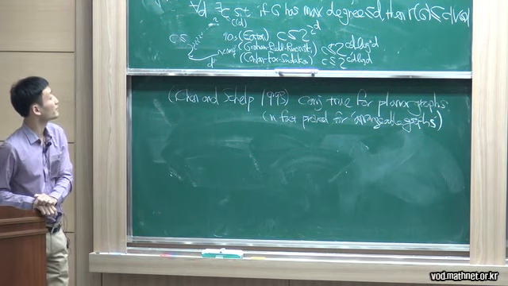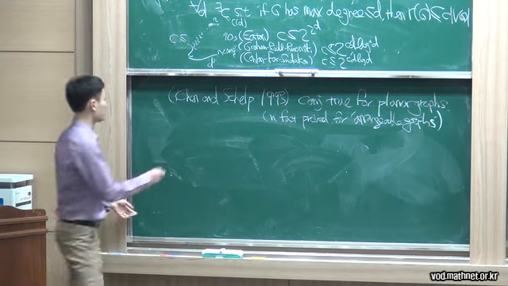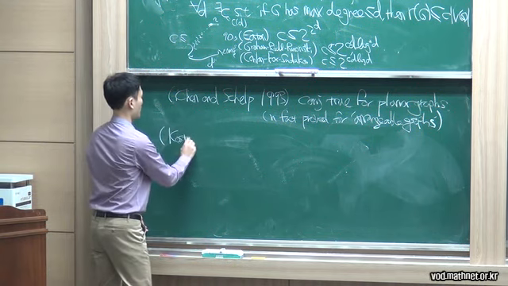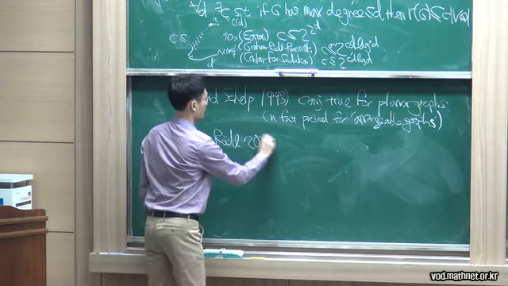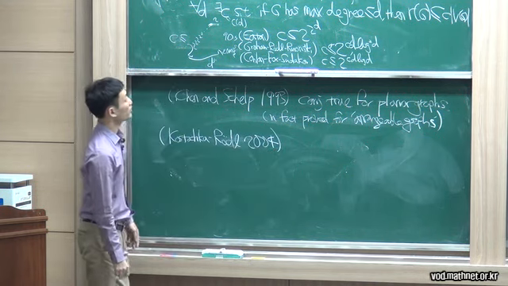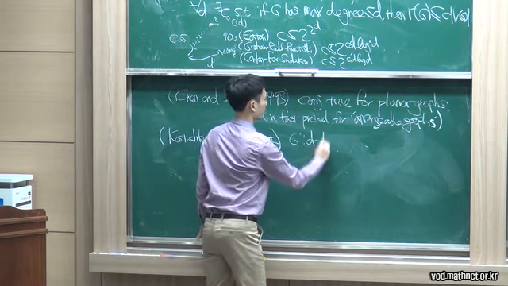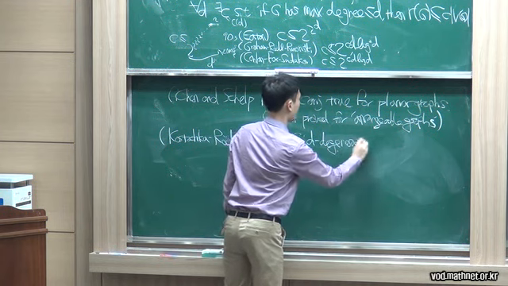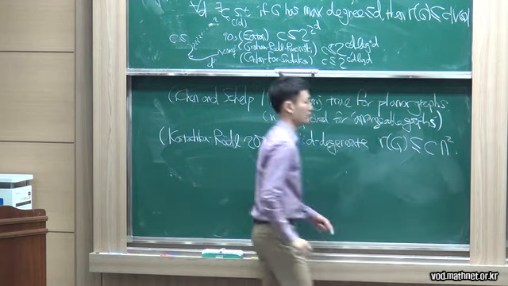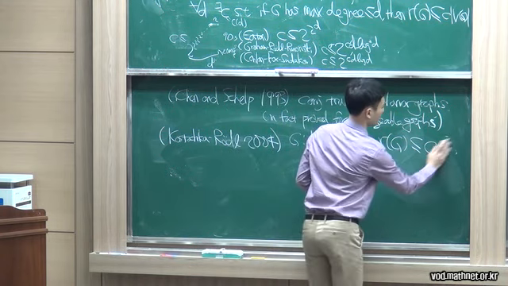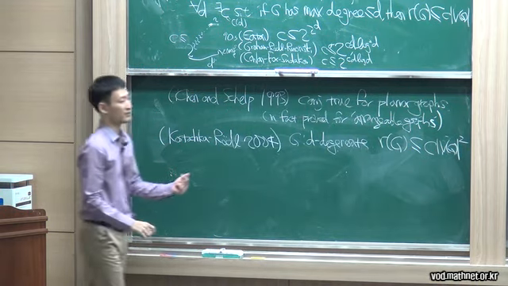For degenerate graphs, the first breakthrough was made by Kostochka and Rödl in 2004. They weren't able to prove the conjecture, but they proved that if G is d-degenerate, then the Ramsey number is at most some constant times n squared. They proved a quadratic bound instead of a linear bound.